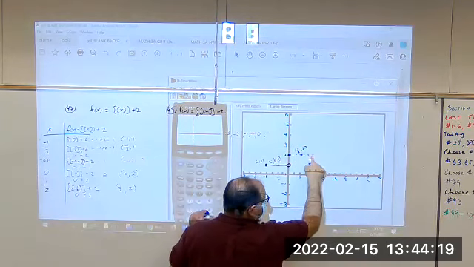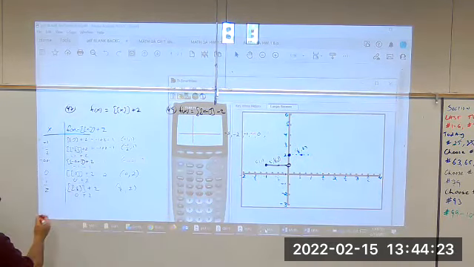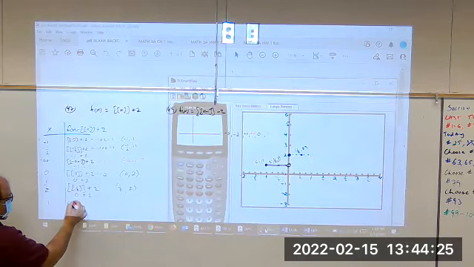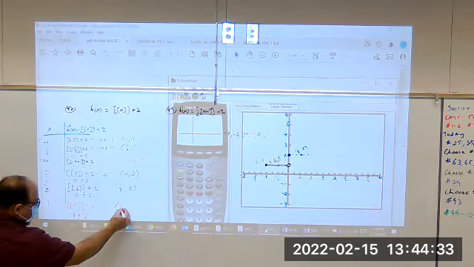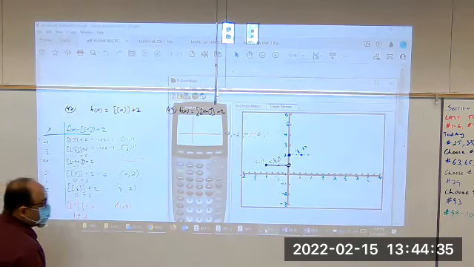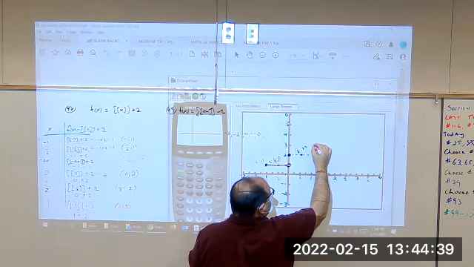But when we get to 1, the greatest integer that's less than or equal to 1 is 1. 1 plus 2 gives me 3. So when we get to 1, it jumps up to 3 with a solid point. X is 1, y is 3.